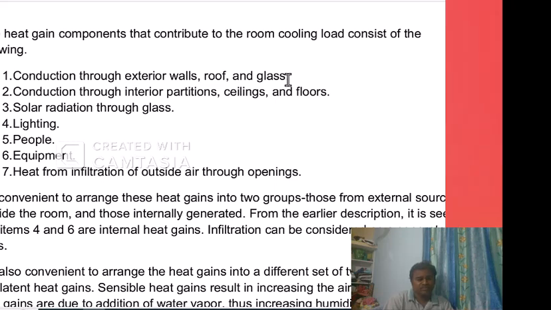Coming to lighting, what about the different types of light, how the light emits heat energy, and what the formula is for these things. Equipment: what type of equipment is generally present inside the room or space we occupy. Sometimes there will be a milk boiler or coffee maker, which adds humidity in the form of steam as well as heat. The seventh one is heat from infiltration from outside through the openings.